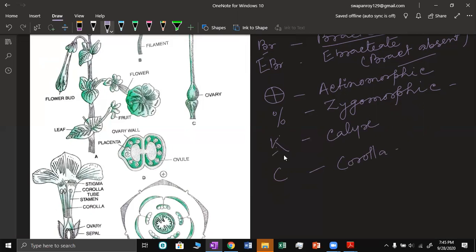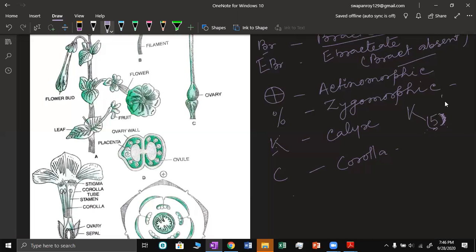Say there are five sepals, then we will write K5, but it is subscripted, which means it is written at the right side below, not at the same level. And if the sepals are united, then it is kept within the bracket. If it is free, then these brackets are not given.